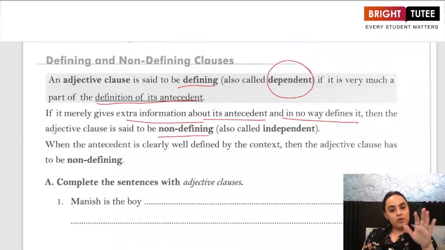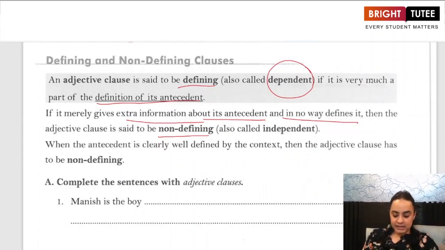So an adjective clause is dependent or defining if it is a part of the definition of the antecedent. Antecedent means the noun which is exactly before my adjective clause. And my adjective clause is non-defining or independent if it is only supplying some extra information related to the same.